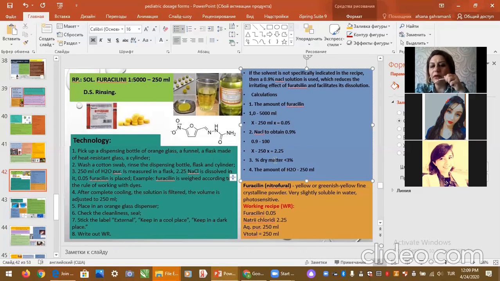And how we calculate the amount of sodium chloride? If 100 milli contains 0.9, because we know that isotonic solution contain 0.9 gram. Yes? 0.9% of sodium chloride we name isotonic solution.